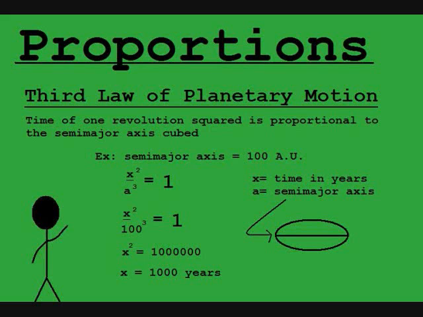The semi-major axis, which is 100 astronomical units right now, is plugged into where A is, which is the semi-major axis, and X is the variable you solve for. And after all that, you come out to have 1,000 years.